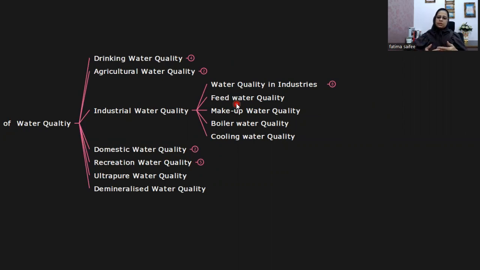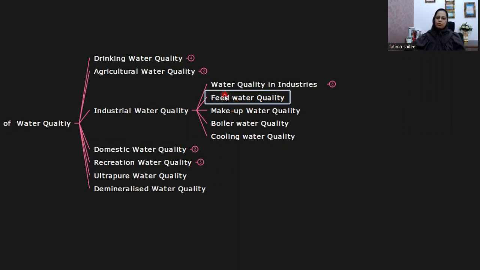Sometimes it is used in many boilers and cooling towers to make up, meaning to adjust the volume of the water. So when we are using it, based on the use we change the terms, but more or less all are in the same category.